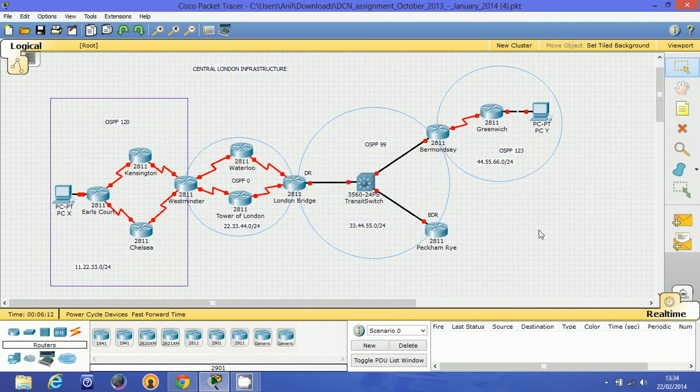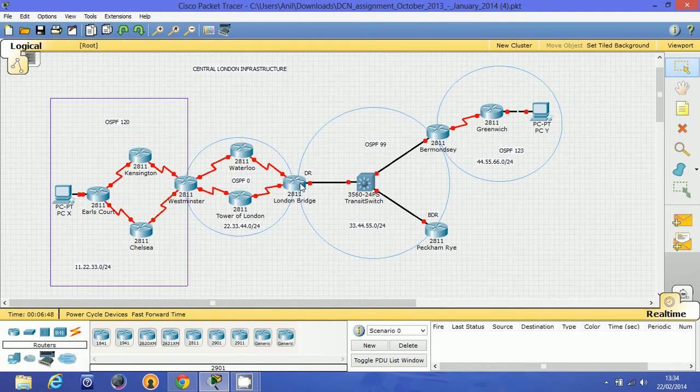How did the concept of area emerge then? If an autonomous system is not divided into separate areas, then the link state database, the database of this router that holds the state of neighbor devices, becomes much bigger.